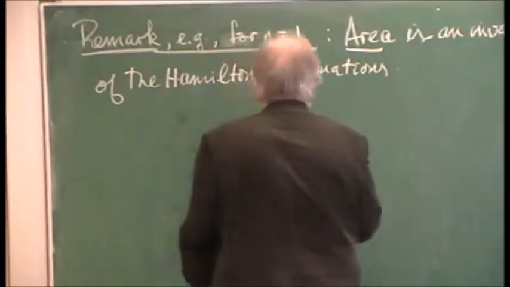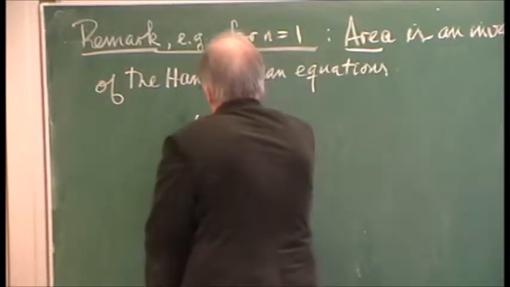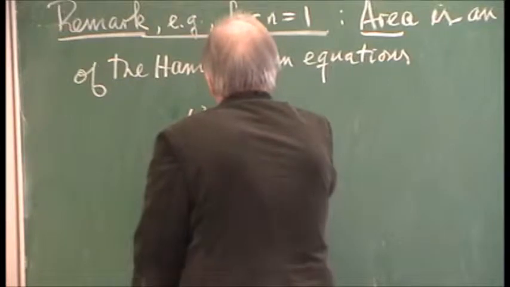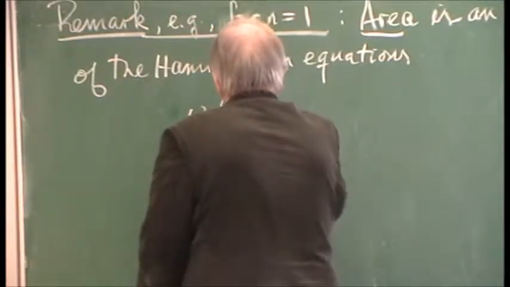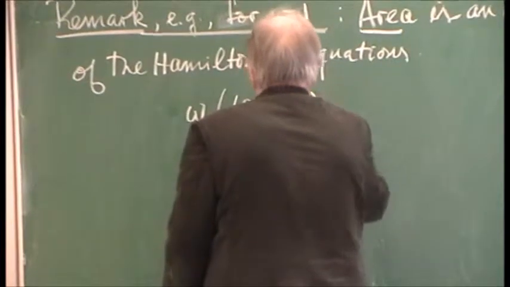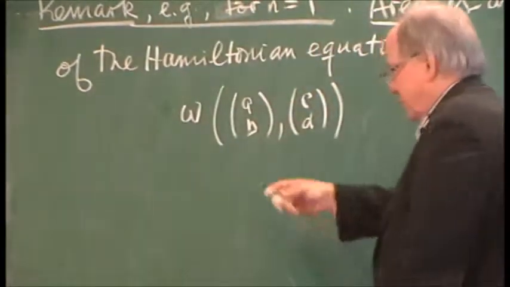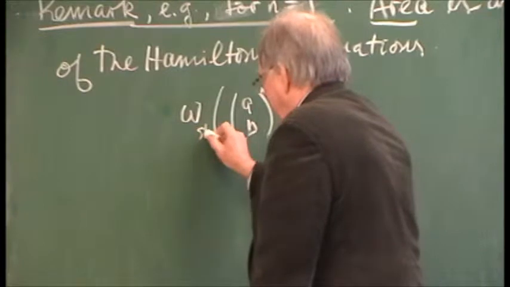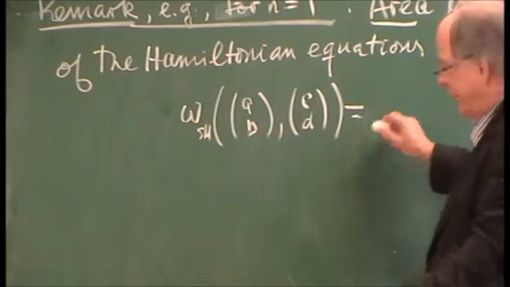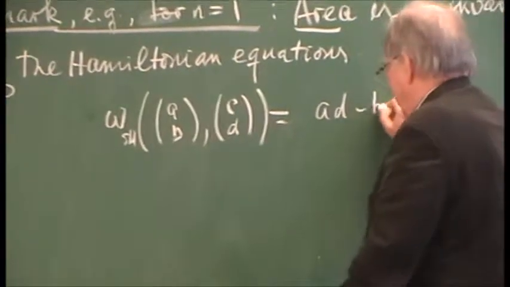Because don't forget what omega of a vector (A, B) and another vector (C, D) is. This is the standard omega in 2 dimensions. It's AD minus BC.